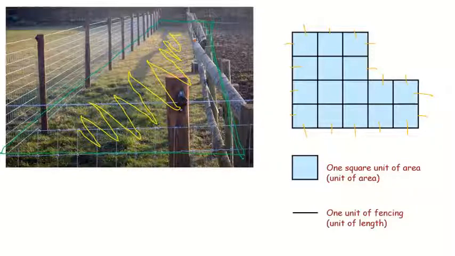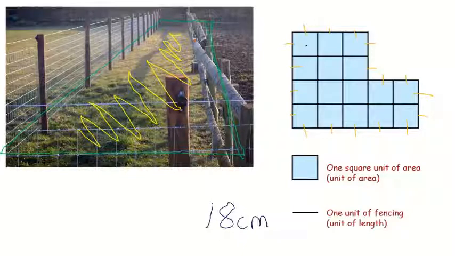So in this example, starting from this corner here, we have 1, 2, 3, 4, 5, 6, 7, 8, 9, 10, 11, 12, 13, 14, 15, 16, 17, 18. So the perimeter here is 18 centimeters long, and that is a length. The area, of course, would be different.